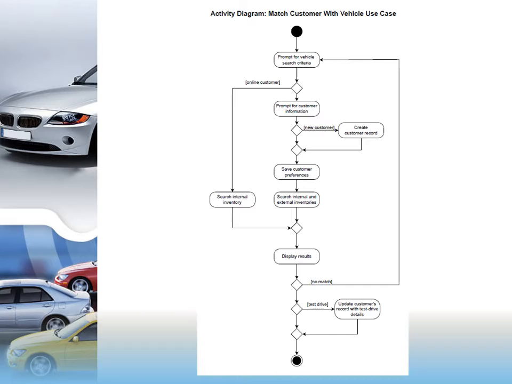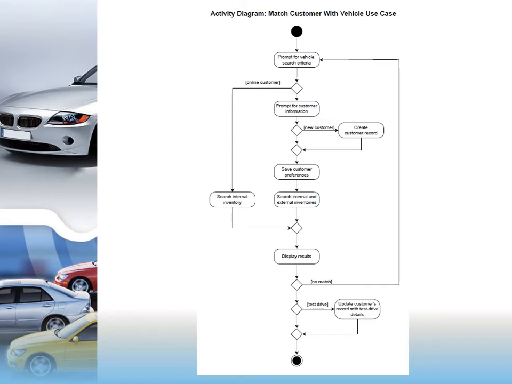After the customer is identified, the system saves the customer's preferences in their profile before searching internal and external inventories. At this point, we can see a merge node to merge the subflow for searches initiated by online customers.